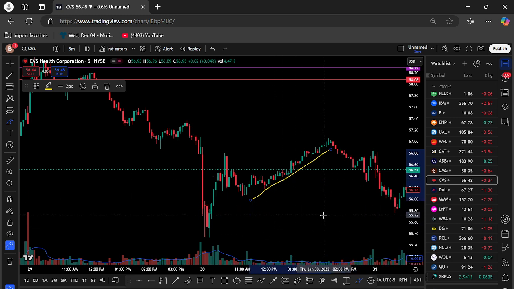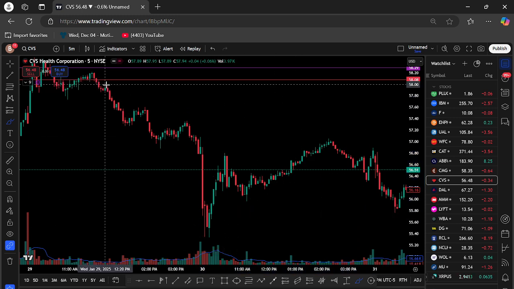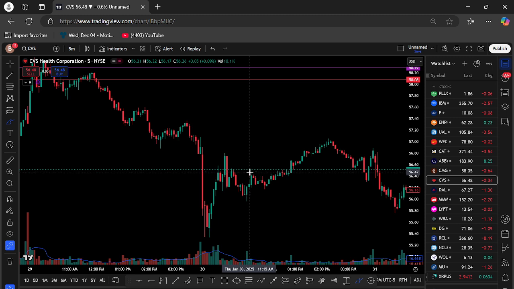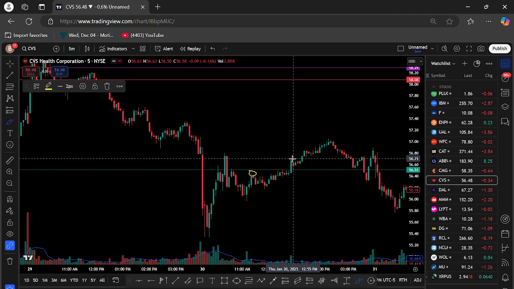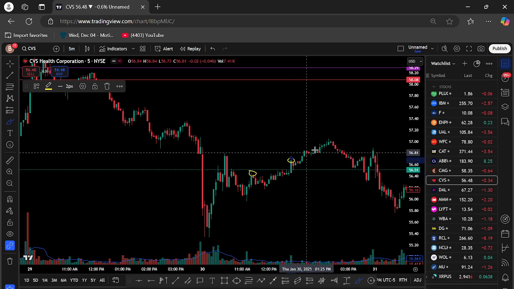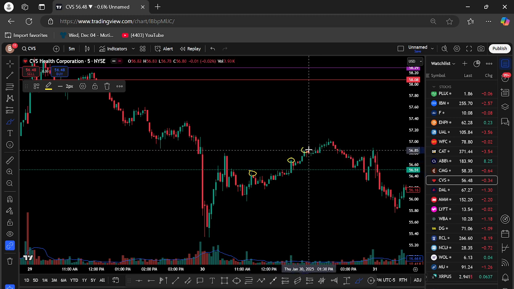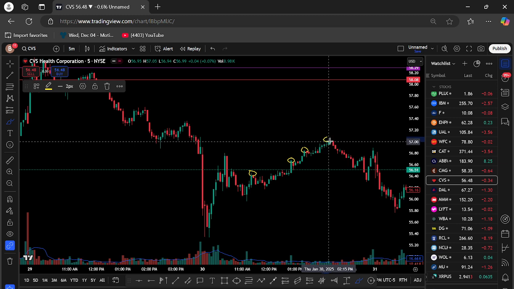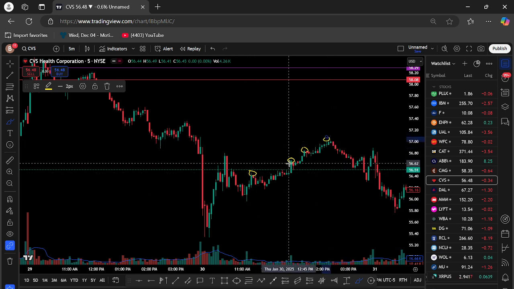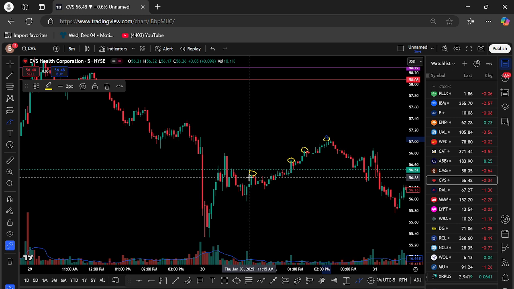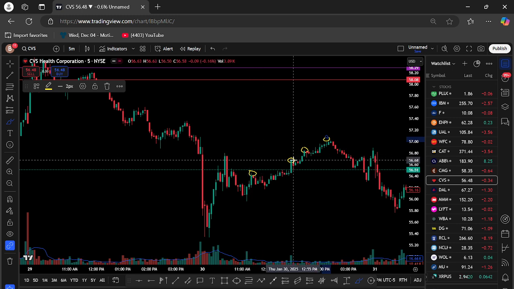What does an ascending trend actually mean? If you see the top here, the top here, top here, and top here, these are the highest points. If the one prior is much higher than the other one, that means it's ascending.